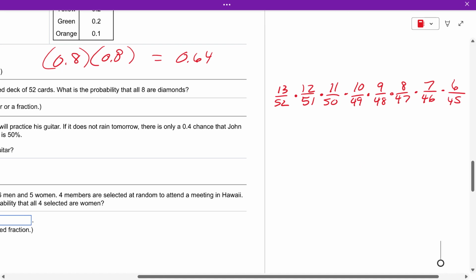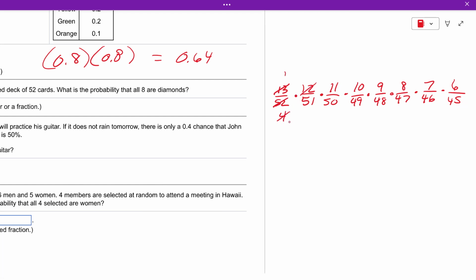Okay, what's the best way of reducing this? Well, you start finding numbers that go into each other. 13 and 52 is 1 and 4. 12 and 4 is 1 and 3. 3 and 51 is 1 and 17, I think, right? 17 times 3 is 51. 7 and 49 is 1 and 7. 10 and 50 is 1 and 5. 8 and 48 is 1 and 6.